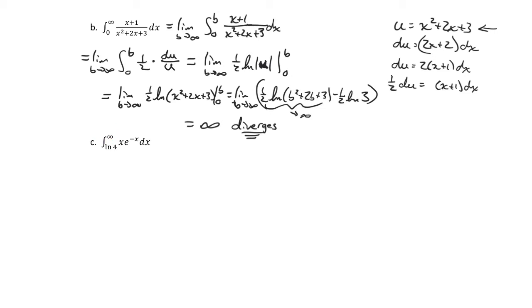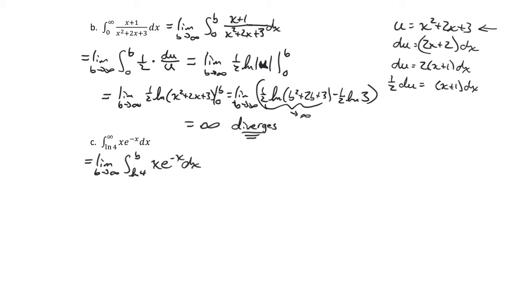Once again, we'll do as we did before. We really need to do this every time. It's the limit as b goes to infinity of the integral from the natural log of 4 to b of x e to the negative x dx.